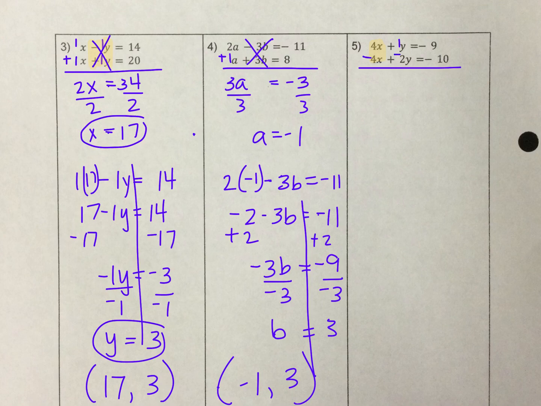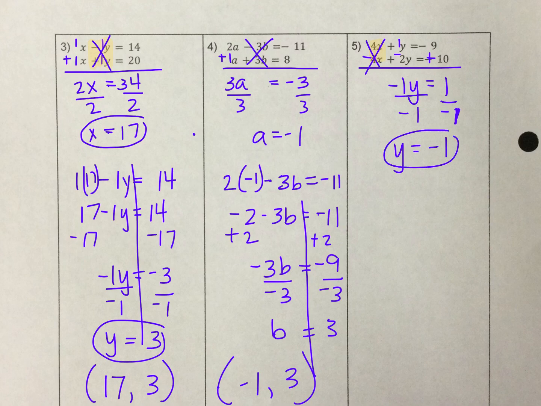Then the 2y has to become negative, and the -10 becomes positive. 4 minus 4 gets eliminated. 1 minus 2 is -1y. -9 plus 10 is 1. Divide by -1, that's a 1. Y is -1. Got a y, woohoo.